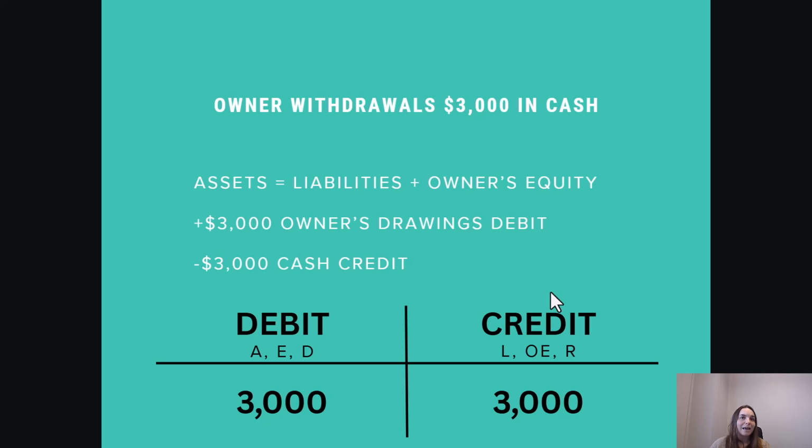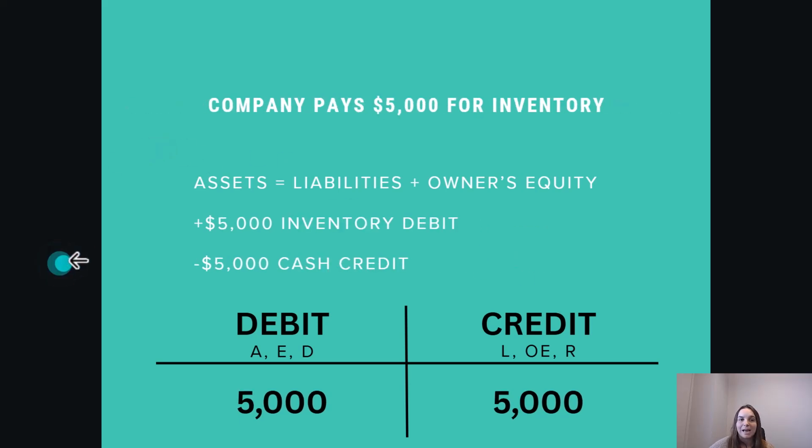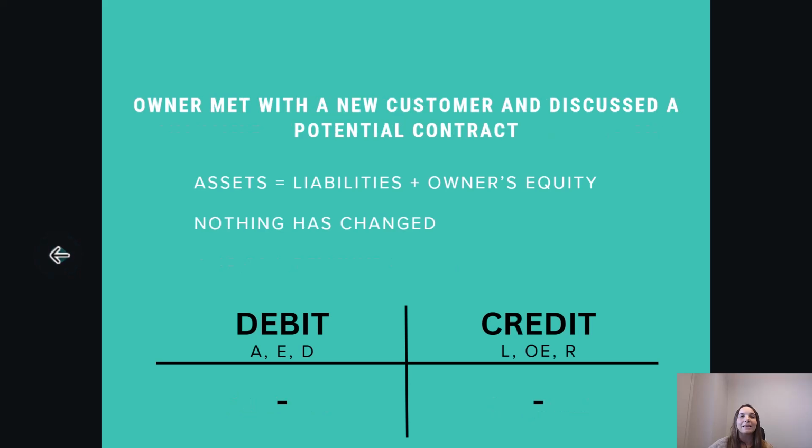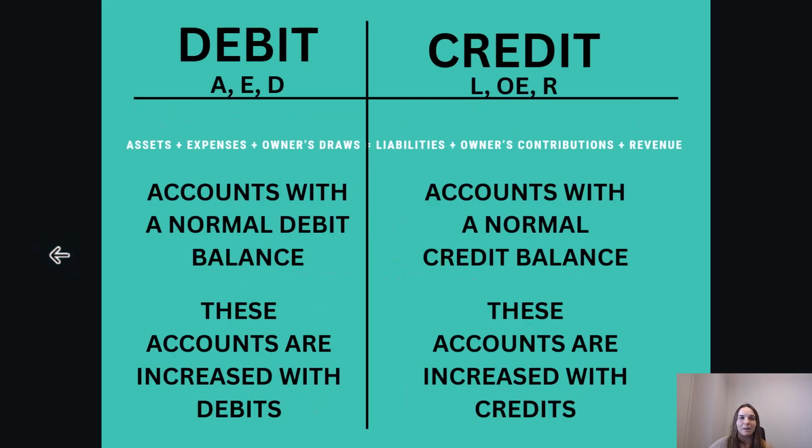If you are taking an accounting class, like in college or something along those lines, and you need to be able to remember the debit and the credit process for a test, what I would highly, highly recommend doing, I did this when I was in college. I expanded the accounting equation at the top of my test, and I moved assets, expenses, and owner's draws all the way over to the left-hand side, and then I would put liabilities, owner's contributions, and revenue.